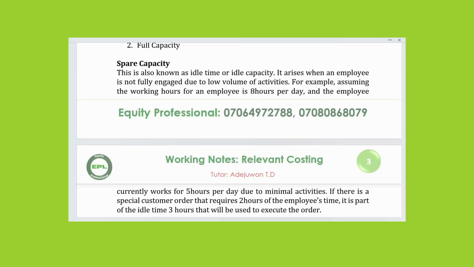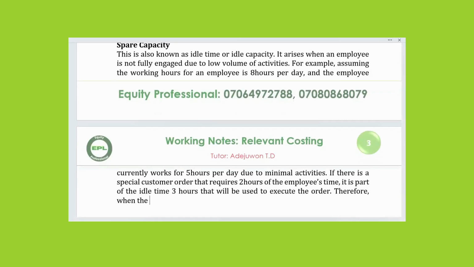Therefore, when there is idle time, when there is spare capacity or idle time, the relevant cost of labor is 0.